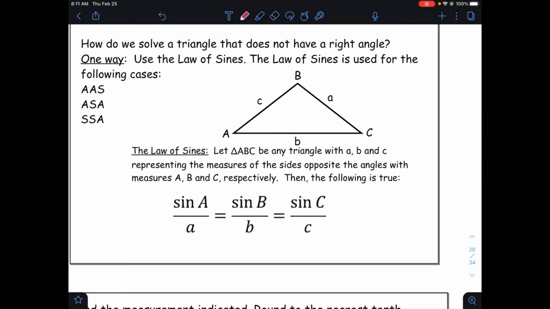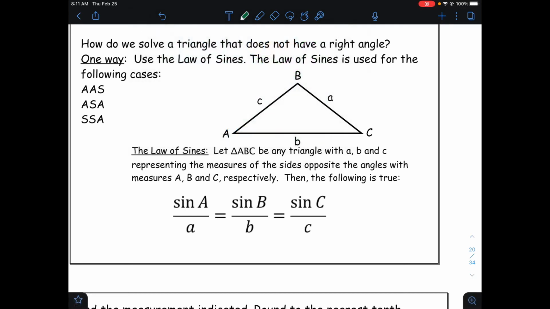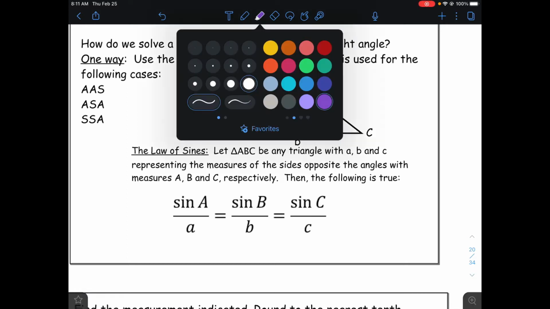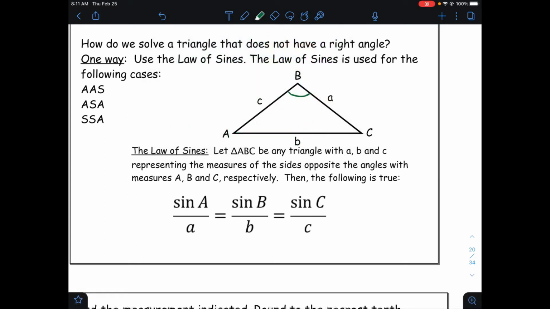Now the law of sines says: let triangle ABC be any triangle with a, b, and c representing the measures of the sides opposite the angles with measures A, B, and C respectively. Then the following is true. Let's talk about how this triangle is set up. I want you to notice how angle B is across from side b. This is very important.